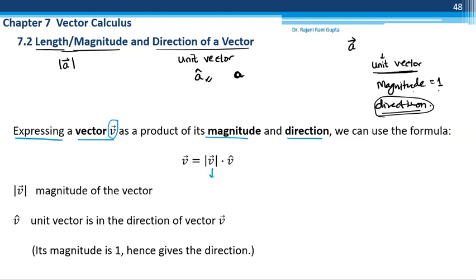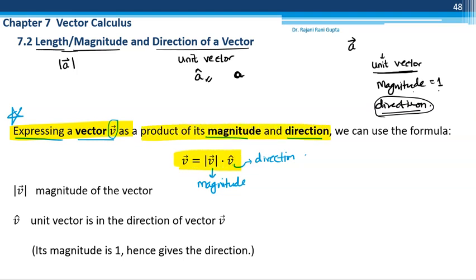The first gives you the magnitude and this second component gives you the direction. Okay, so this is an important concept: expressing a vector as a product of its magnitude and direction. This is what you need to remember.